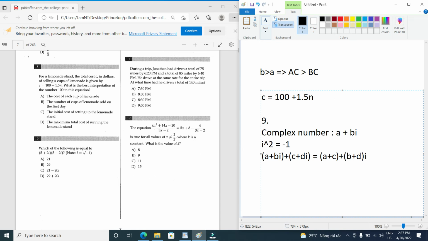We can also multiply these two numbers with the normal multiplication: a times c, plus bi times c, plus a times di, and plus bi times di.